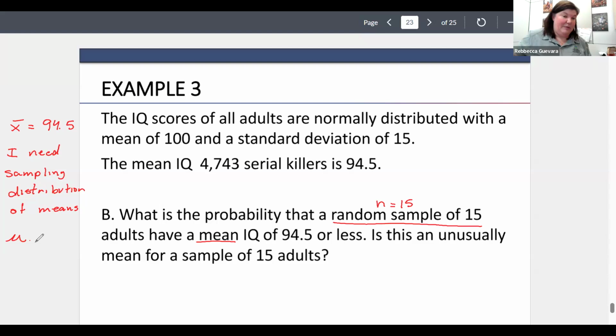So I need to have my mu sub X bar and my sigma sub X bar. Remember, the mean is still going to be 100. The standard deviation is different. It's going to be that 15, but because my sample size is 15, I'm dividing by the square root of 15.